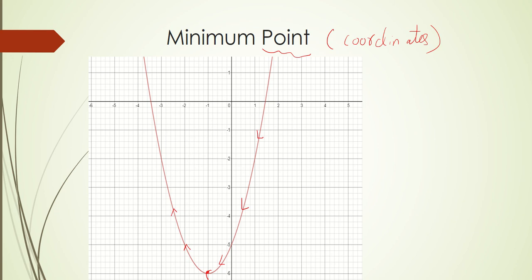And we can use vice versa as well. Now this minimum point is actually the coordinate where y is -6 and x is -1. So we can say that the minimum point of this graph is -1, -6.